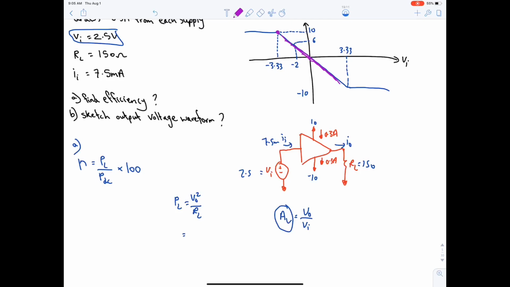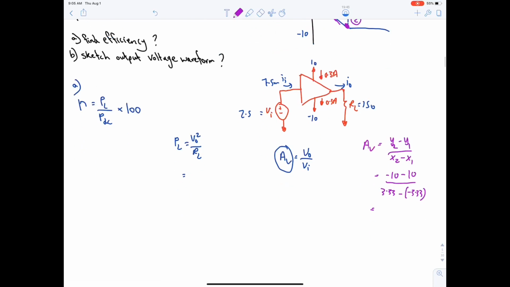So for example, let's pick this point and this point. Okay? So AV, which is the slope, will be y2 minus y1 over x2 minus x1. Let's call this point 2, let's call this point 1. So y of 2 is minus 10, y of 1 is 10, x of 2 is 3.33, x of 1 is minus 3.33.